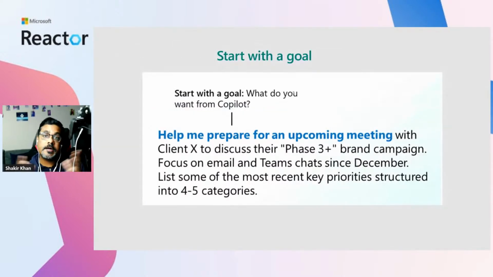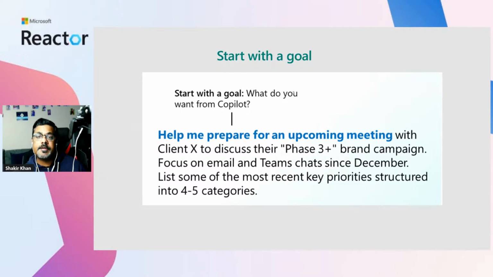First it starts with the goal. You need to set up a goal. In this example, which is an M365 Copilot example, you are saying, help me prepare for an upcoming meeting. So you need to set a goal for what you want to do, and that should go first.